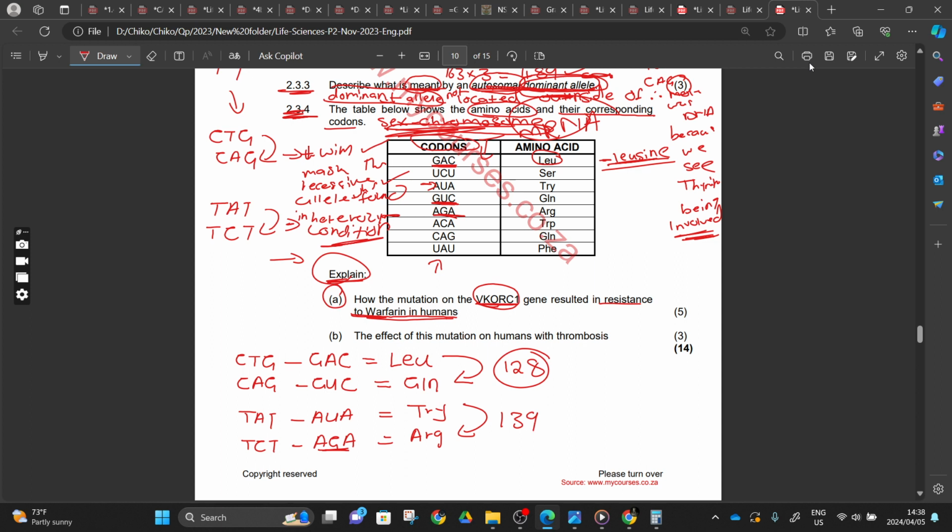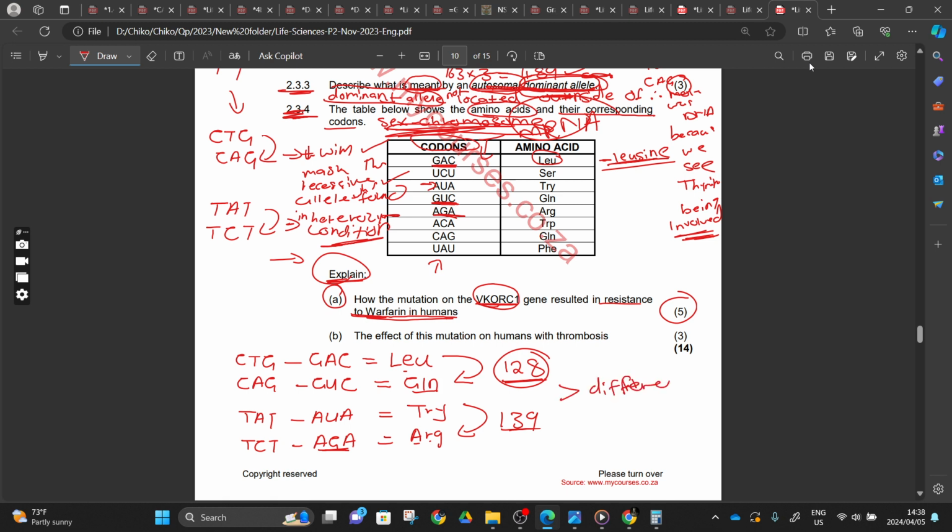And with this now, it's 5 marks. You can come and say that in 128 leucine was changed to GLN, and in 139 TRY was changed to ARG.